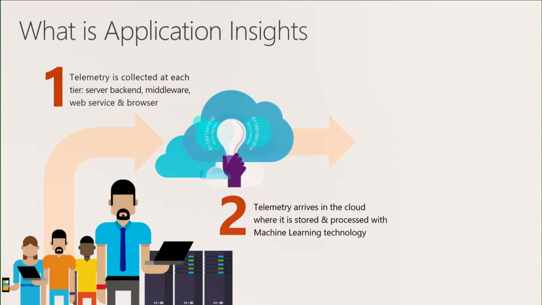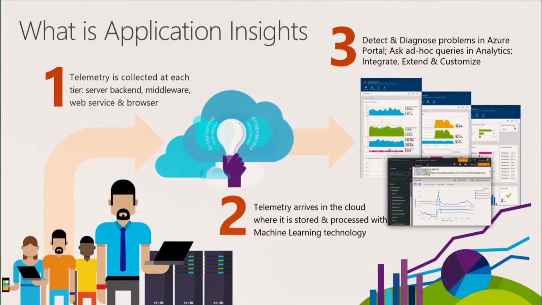Now, all this data is sent to our Azure cloud backend, where it is stored and processed, and we apply some machine learning algorithms on top of that so that we can identify patterns, do proactive diagnostics, and give you some real-time alerts. Once we have all these KPIs and reports in place, you can go ahead and play with this data in various different forums. You can go to the Azure portal, where the App Insights service is hosted, and you can do the APM work there.